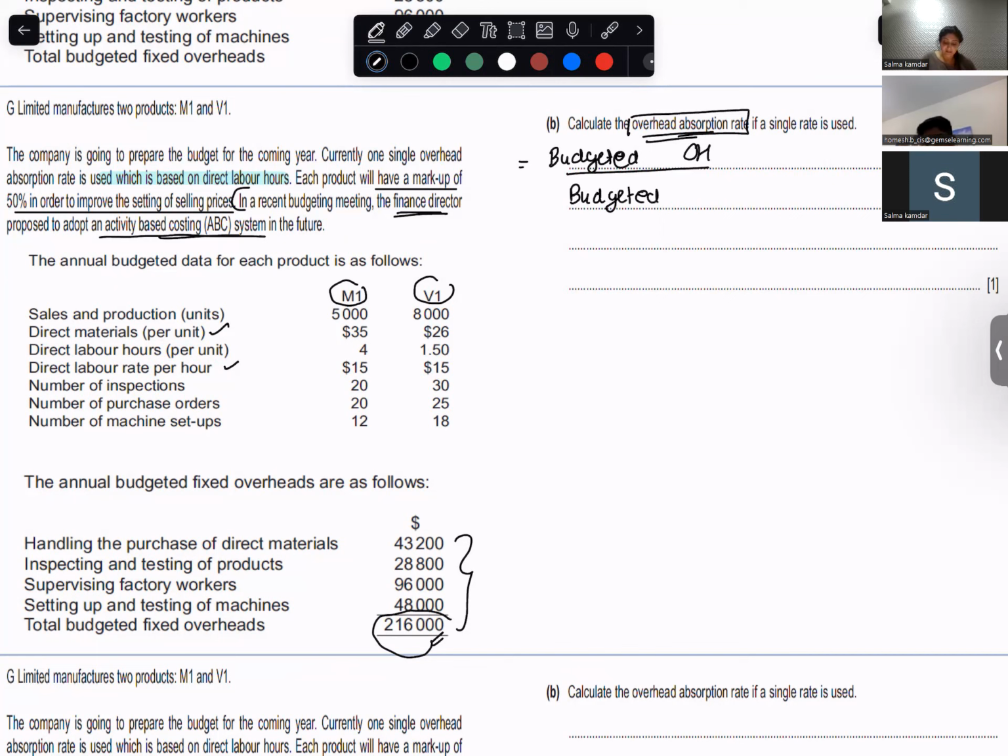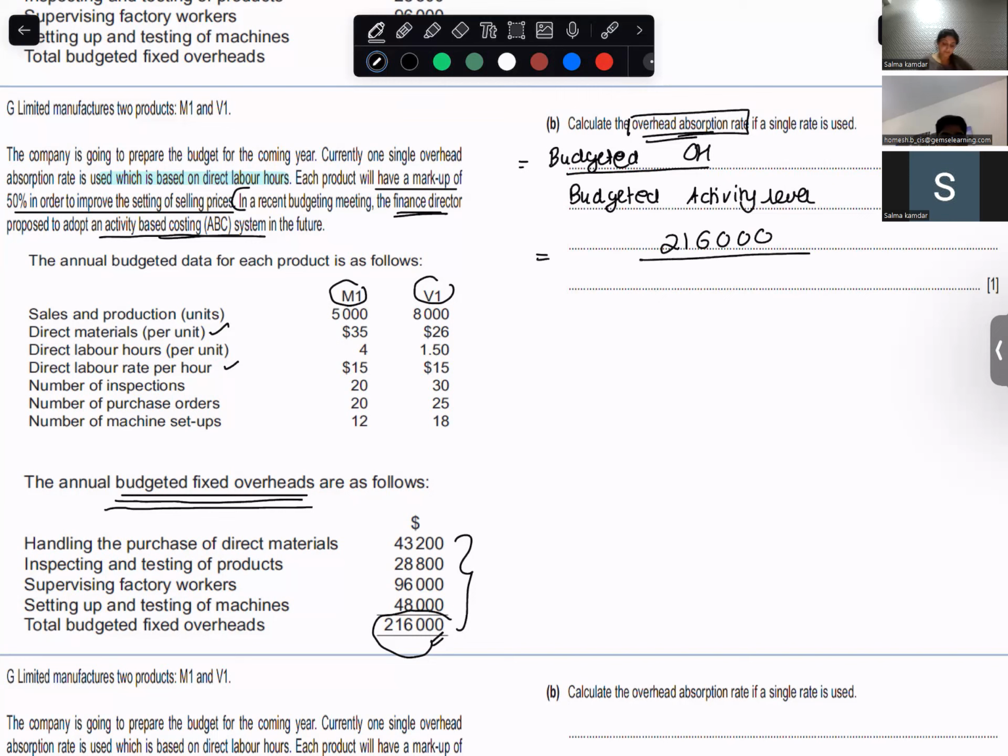Yeah, right. What is the budgeted overheads? Budgeted overheads is 216,000. What is the budgeted activity level?